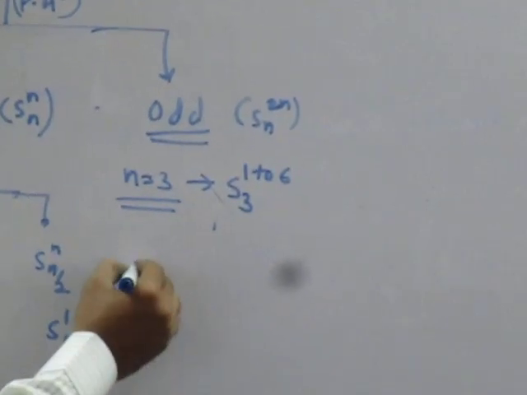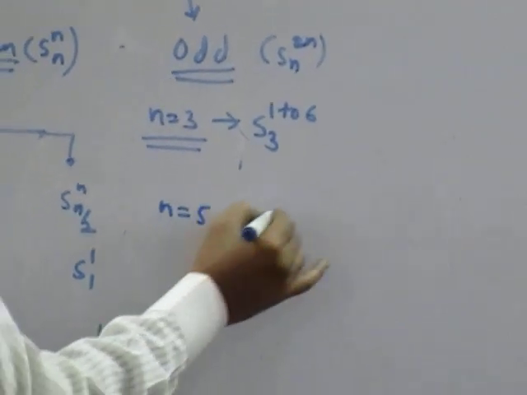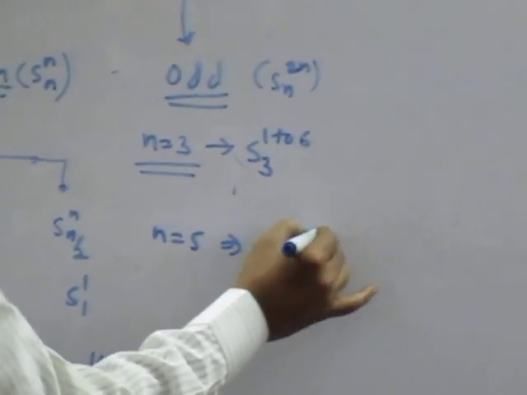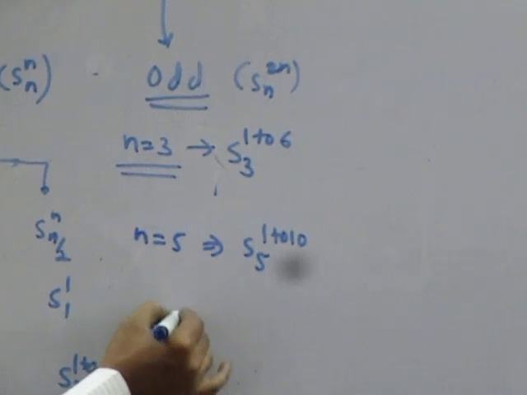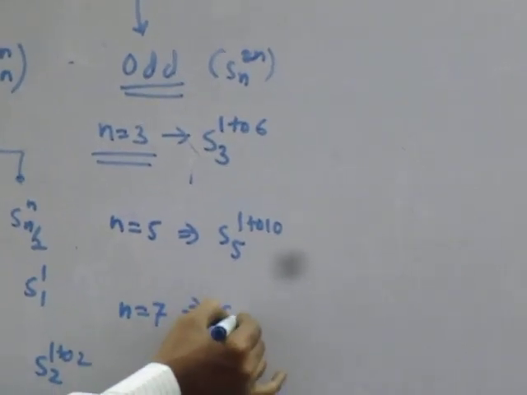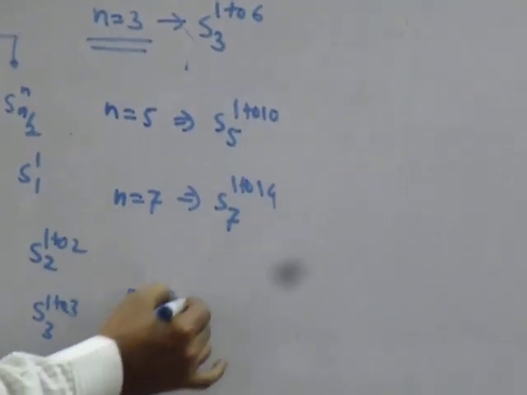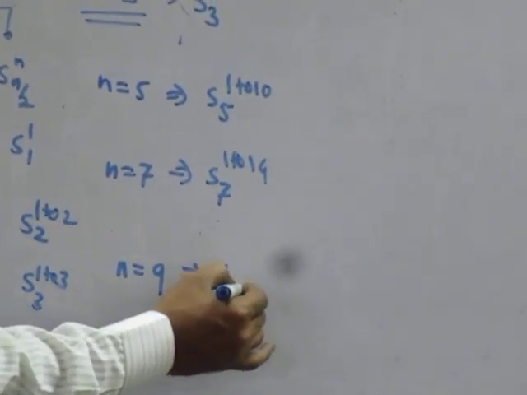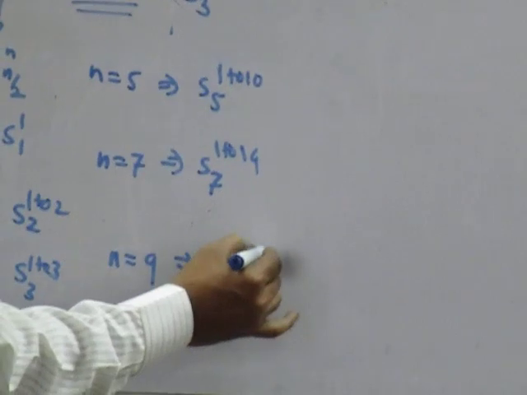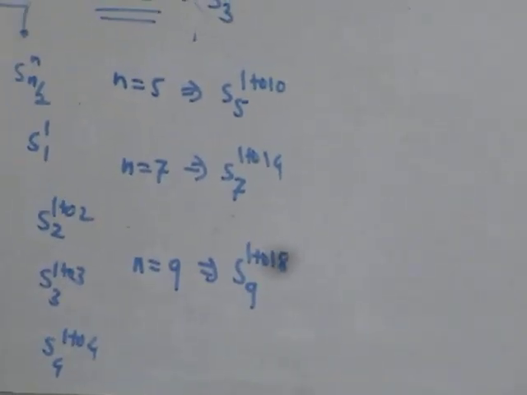Then n equal to 5, equivalent to S5 of 1 to 10. n equal to 7, S7 of 1 to 14. n equal to 9, S9 of 1 to 18. That covers the axis of rotation.